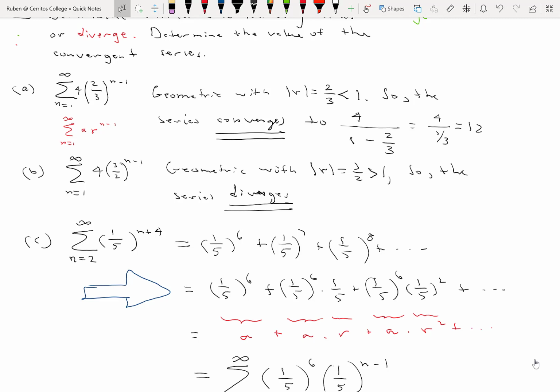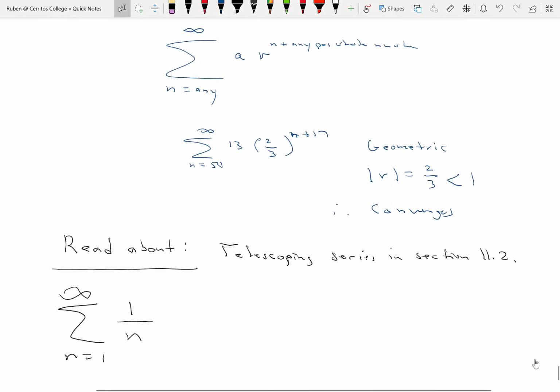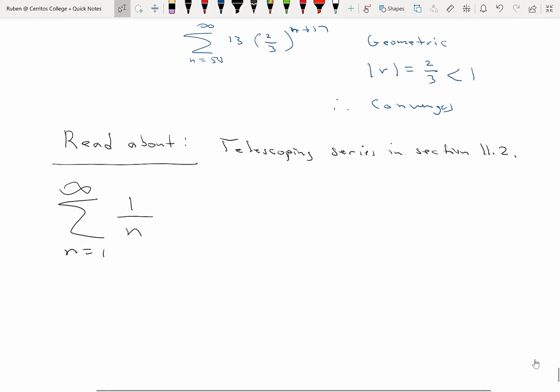That is, you identified the absolute value of r, and it's less than 1, so the series must converge. While geometric series are extremely important, they're only one example of many types of series. So you'll learn more techniques for determining convergence or divergence. And in fact, before the end of this section, we'll look at a test for divergence. It's very important.